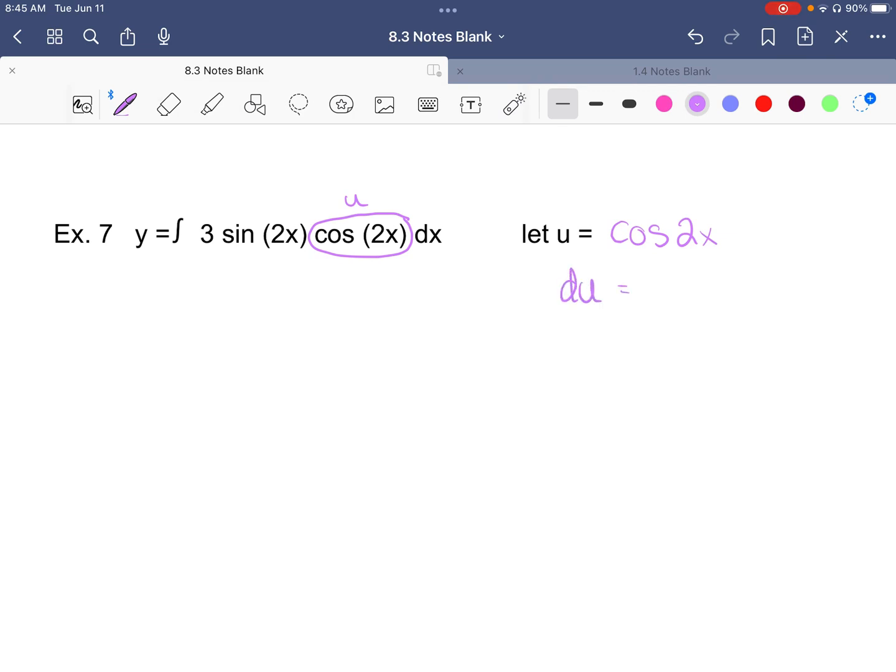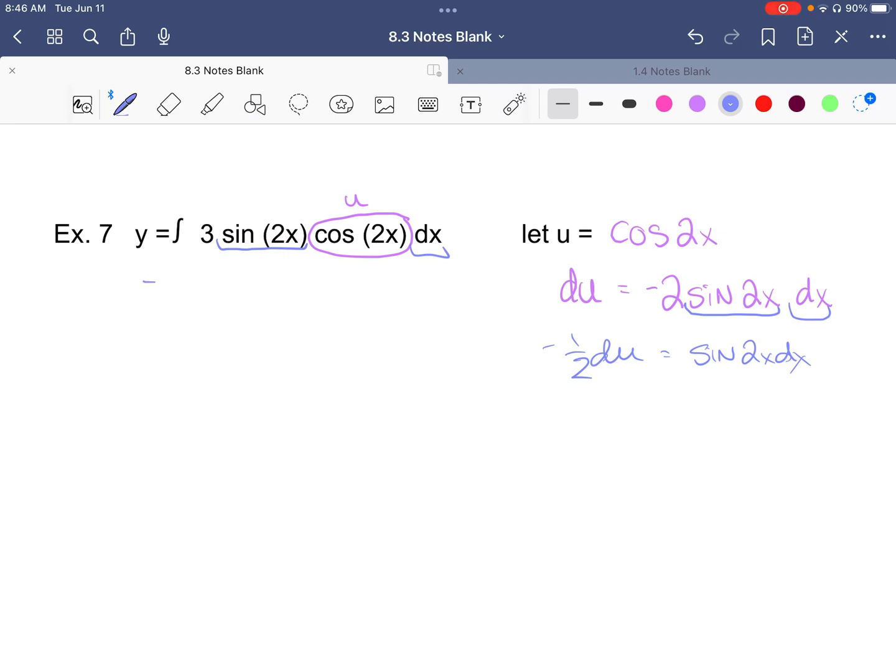So du would be negative 2 sine 2x dx. And we can see in our equation, we've got a sine 2x, so we are going to isolate that, and we've got a dx. So negative 1/2 du equals sine 2x dx.